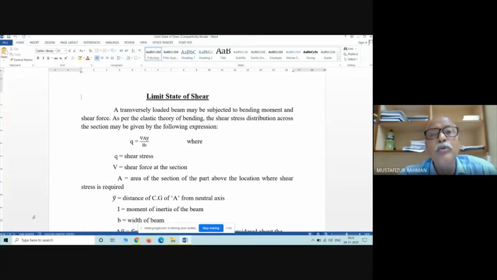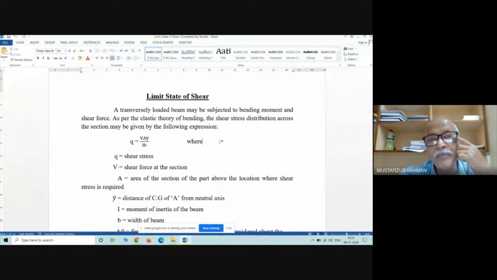So all of you know, if a beam is simply supported and the member is subjected to a uniformly distributed load W, then bending moment is maximum, because in your structural analysis, you will be required to find out the internal forces developed at each and every section.